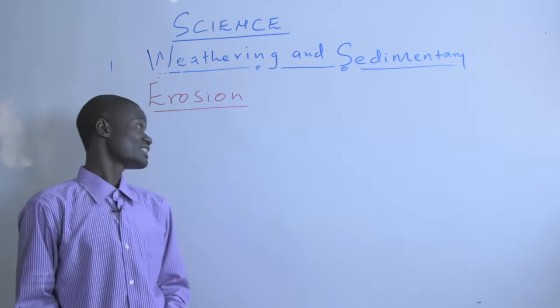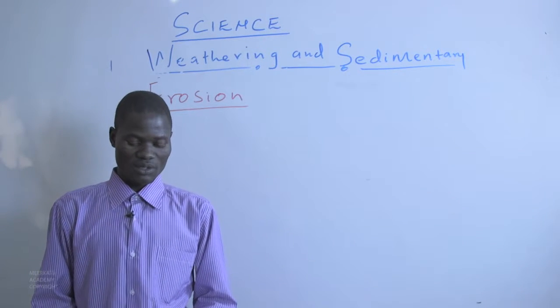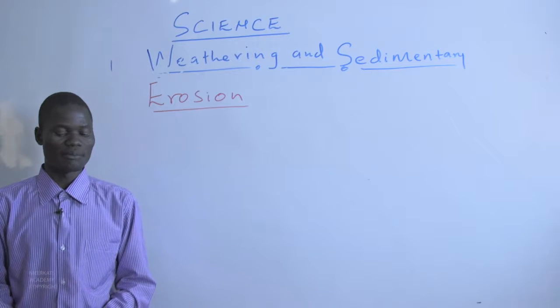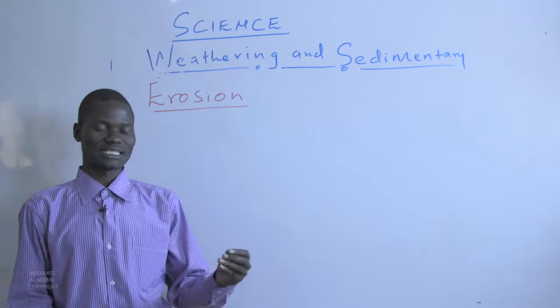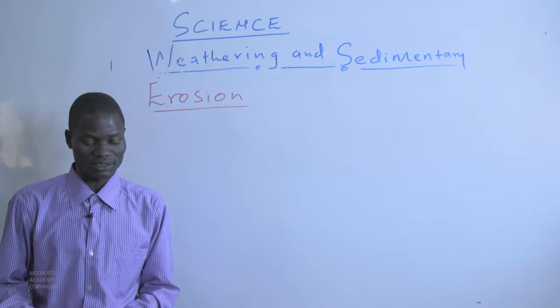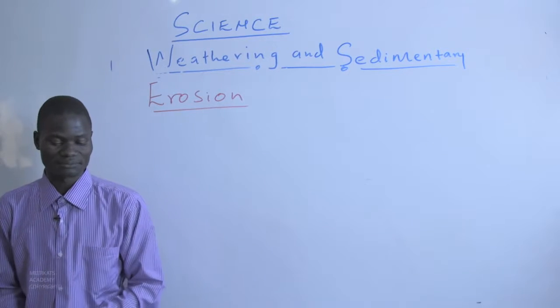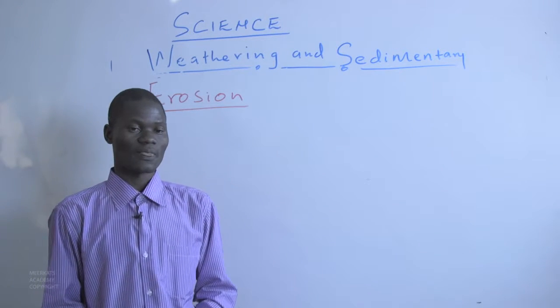Therefore, what is erosion? Erosion is the movement of the broken down material, in dissolved form, especially the particles. They are moved from one place to another on Earth's surface.